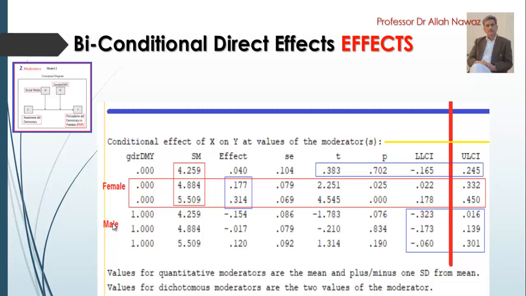Now come the male groups. The same levels of SM have again been used for the male members, and 3 subgroups of male members have been created. But we can see that at the first level, when the SM is 4.25 with male respondents, the effect is negative, it is 0.154. However, this is insignificant.